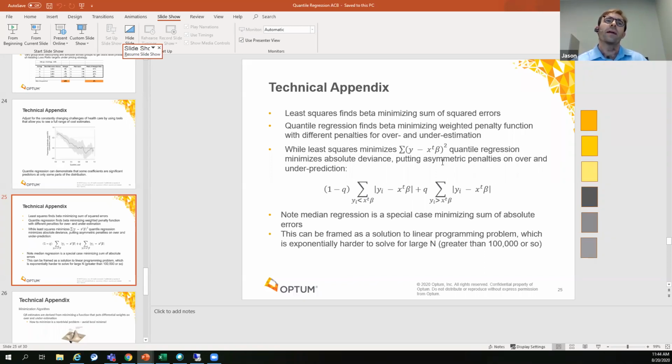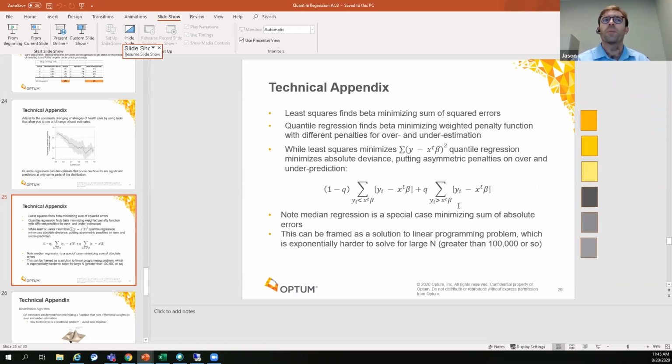The reason why quantile regression hasn't been used and is so much harder is that instead of minimizing this squared function, we're minimizing a weighted average of underestimation and overestimation. For the 25th percentile, this weight is 0.75, so we're heavily penalizing overestimation, pushing the estimate down to get to the 25th percentile.